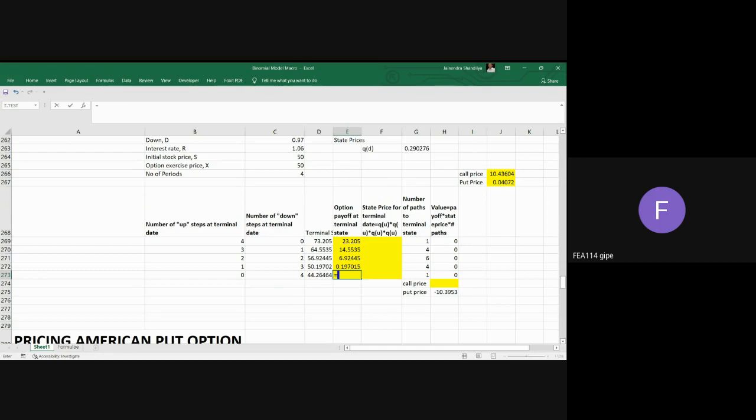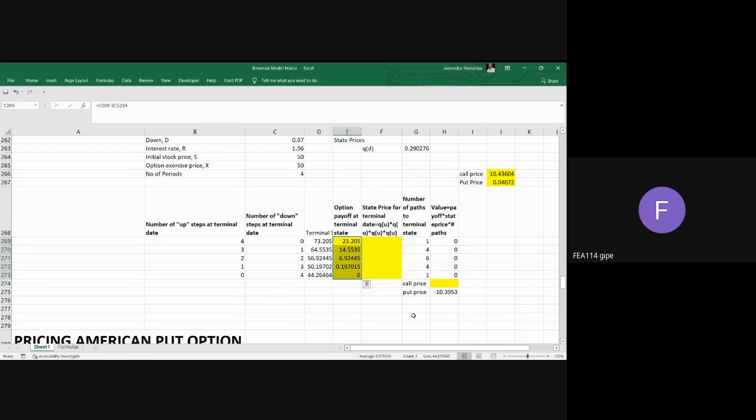So I will use the function maximum, and this minus the exercise price, or 0. Actually, I should have used exercise price or 0. And then I have got this zero price. So these are the option payoffs if the stock goes up in this direction.